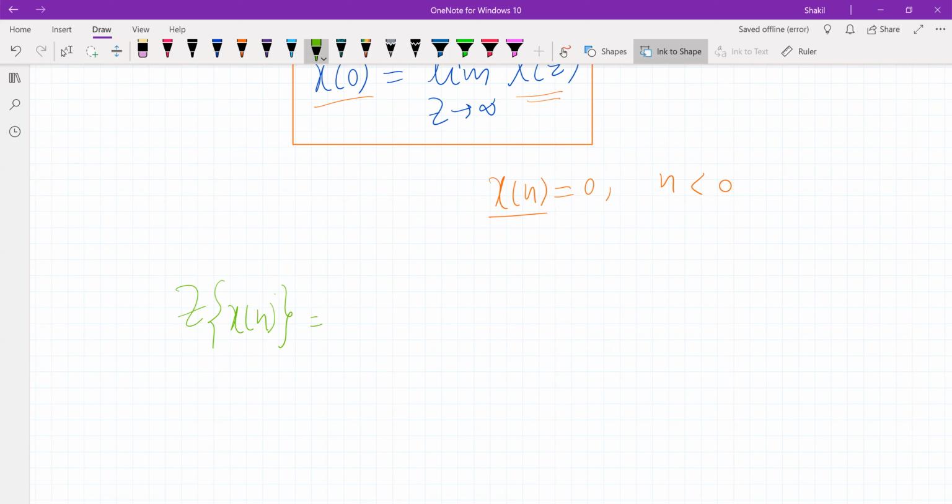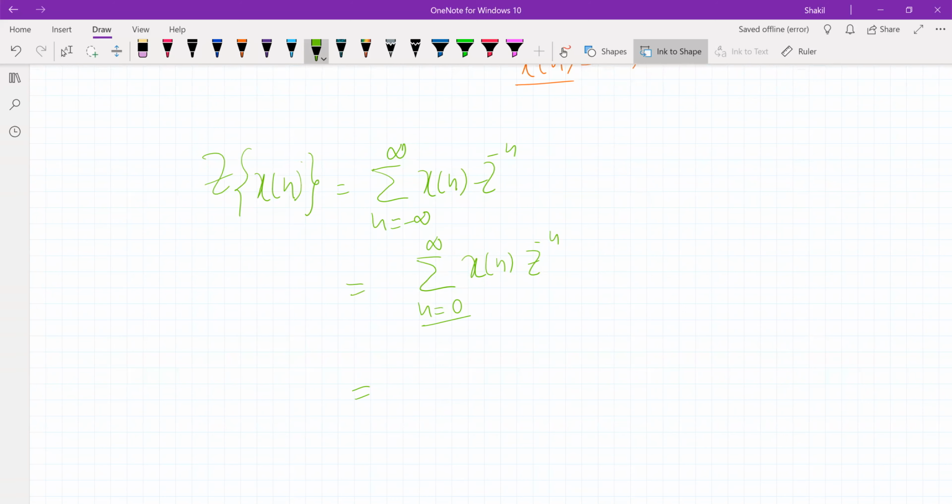The Z transform, we know from the definition, is the sum from minus infinity to infinity of x of n z to the power minus n. If x of n is causal, it is 0 for negative time, so we can write it from 0 to infinity of x of n z to the power minus n.